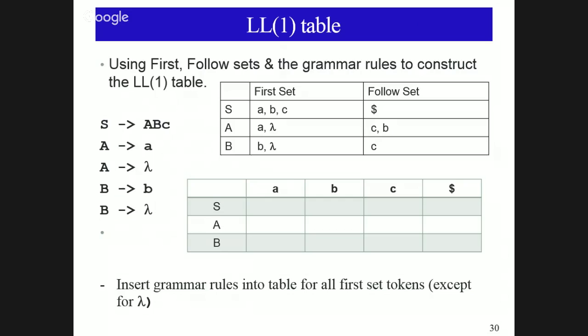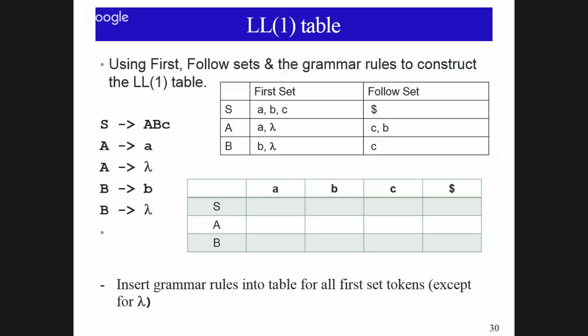You're trying to put 2 or more rules into a cell. It cannot. The table lookup can only be 1 rule, 1 cell, right? There has to be unique, LL1. Every single token at any particular time, I know exactly what to do, because either I'm going to have a rule or I'm not going to have a rule, then I know it's not going to work. Okay, so first set, S has A, B, and C.